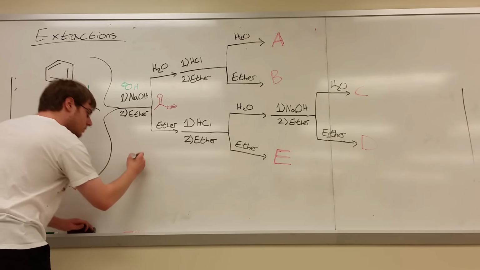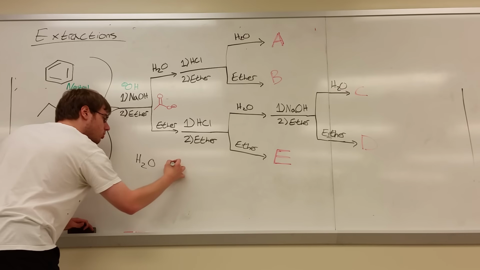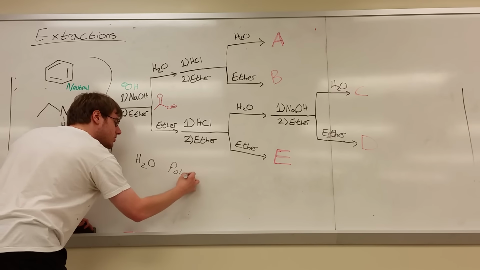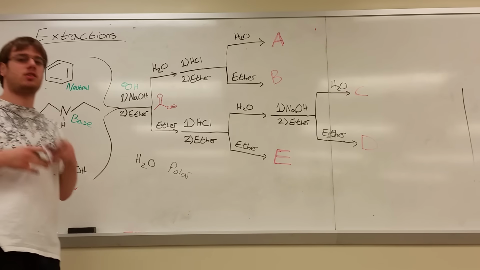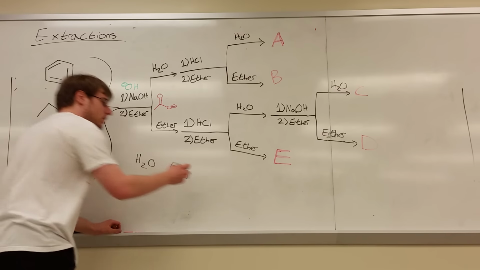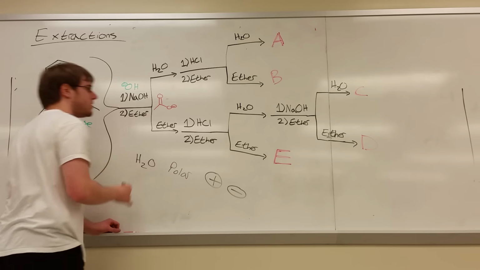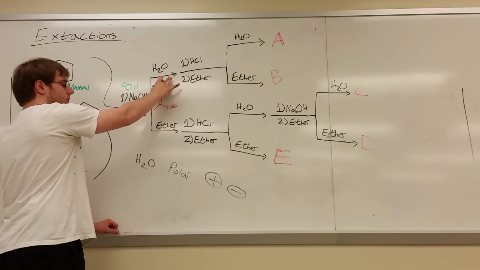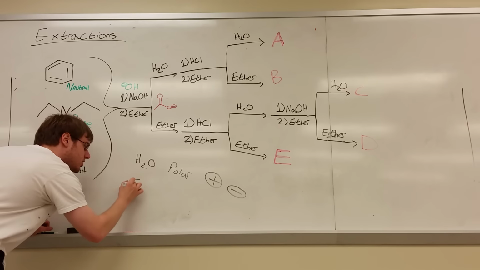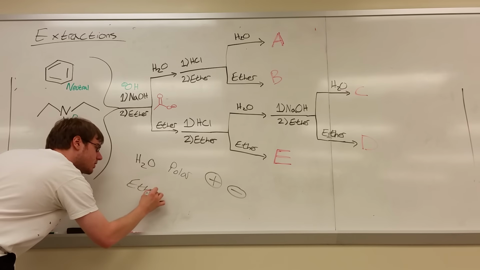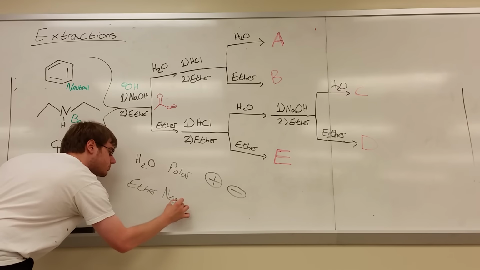Water is a good polar solvent, and so it likes to dissolve things that are polar. In other words, things that are charged. So if you have a structure that is plus or minus, it's going to dissolve in the water. On the other hand, ether is nonpolar.